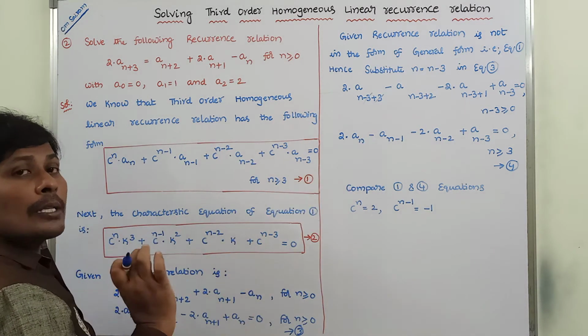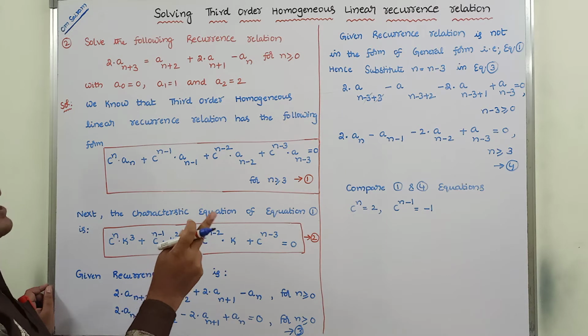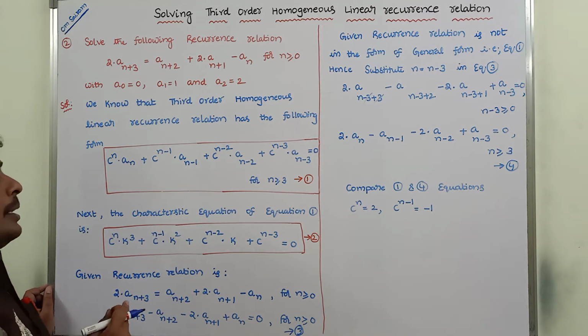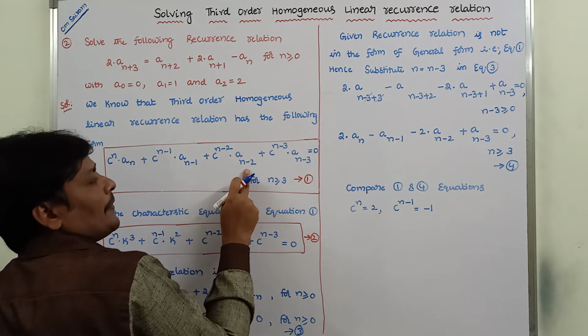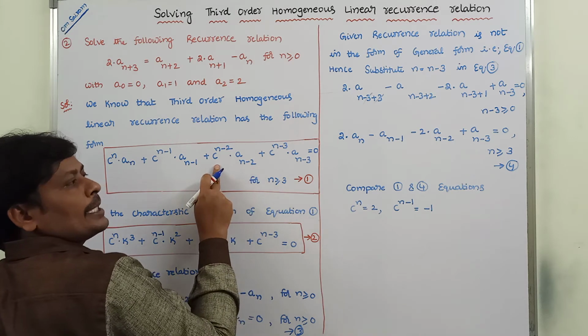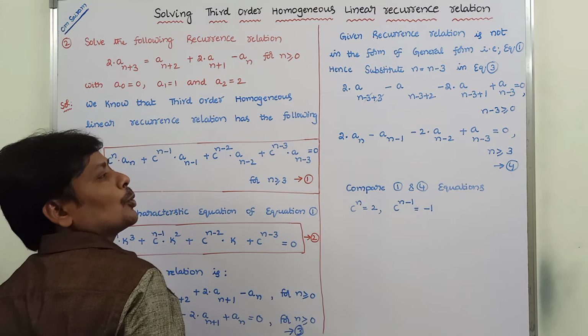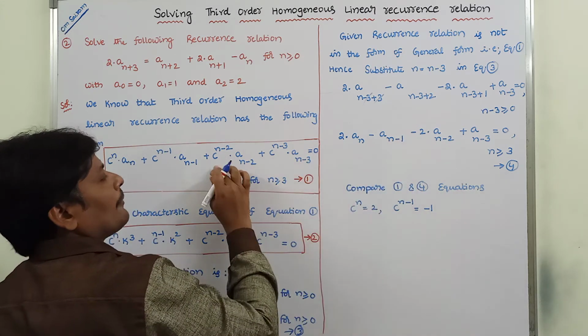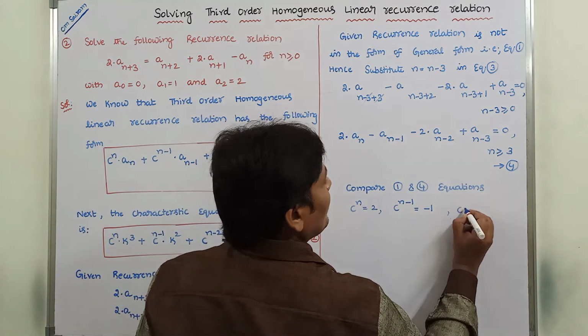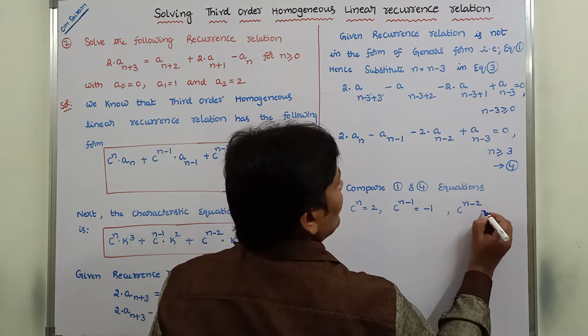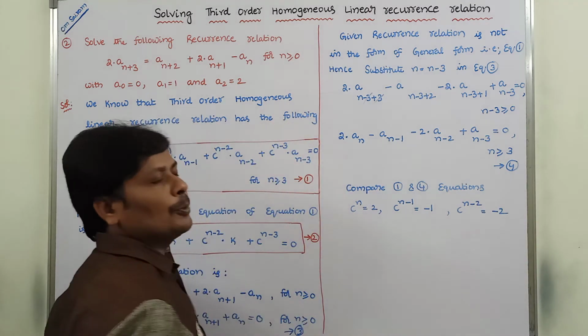Here signs are also important when we are comparing equation 1 and 4. Next one. Here a suffix n minus 2 coefficient is c power n minus 2. Here a suffix n minus 2 coefficient is minus 2. Therefore c power n minus 2 is equal to minus 2.